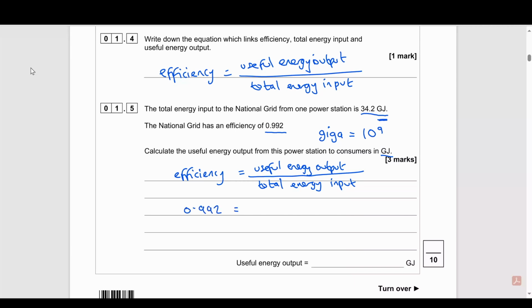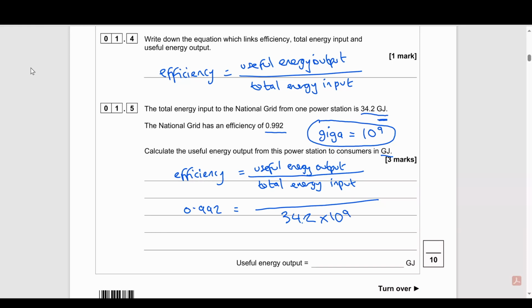So the question has told us the efficiency, we know that that's 0.992, but it's also told us what the total energy input is. So what we can do then, knowing this information about what the prefix giga means, is turn our value into joules. So that would be 34.2 times 10 to the power of 9 joules.